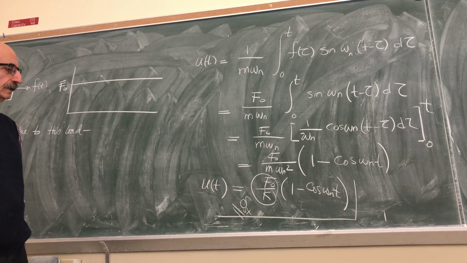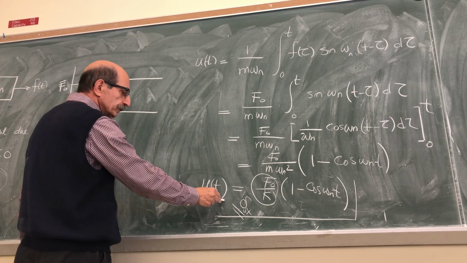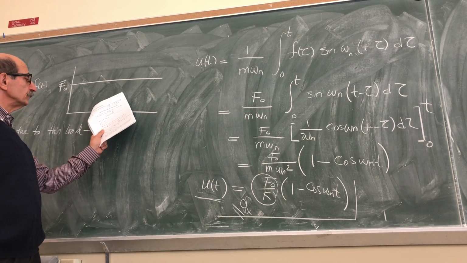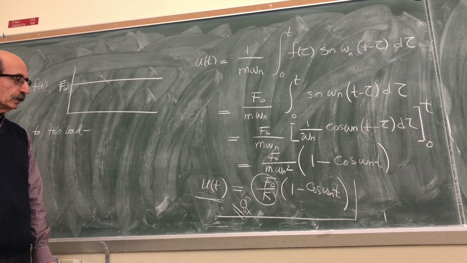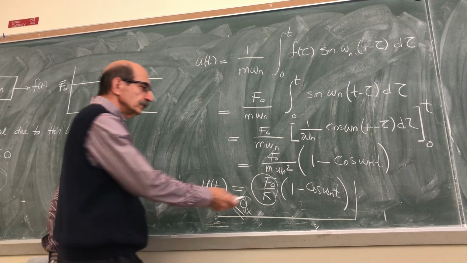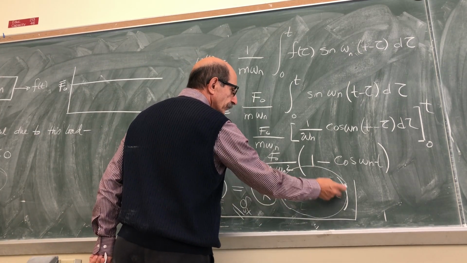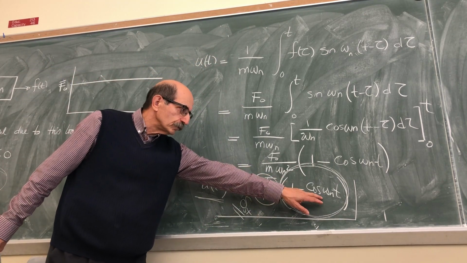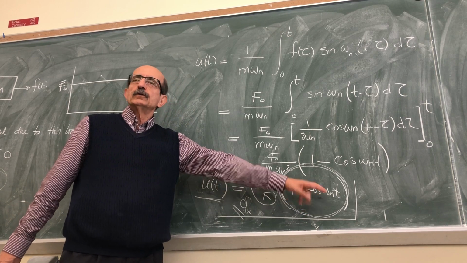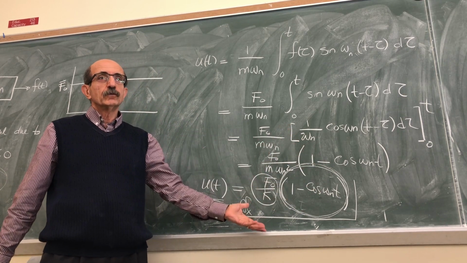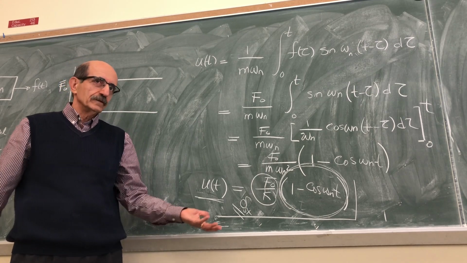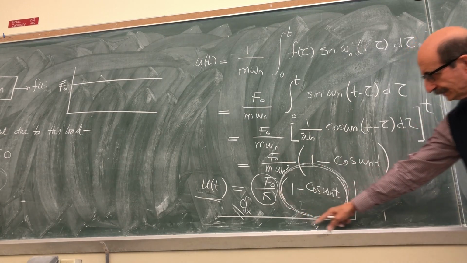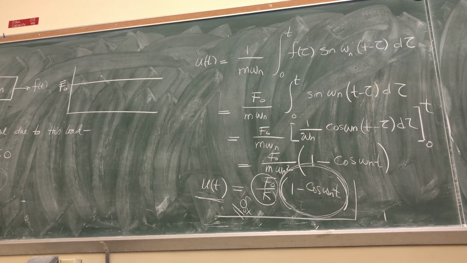So what does that mean? That means the maximum response of this system under the action of this constant load would be when this function is a maximum, right? So what is the maximum value of the cosine function? It is either negative 1 or 1, right? So the maximum value of this quantity occurs when you have 2, right?